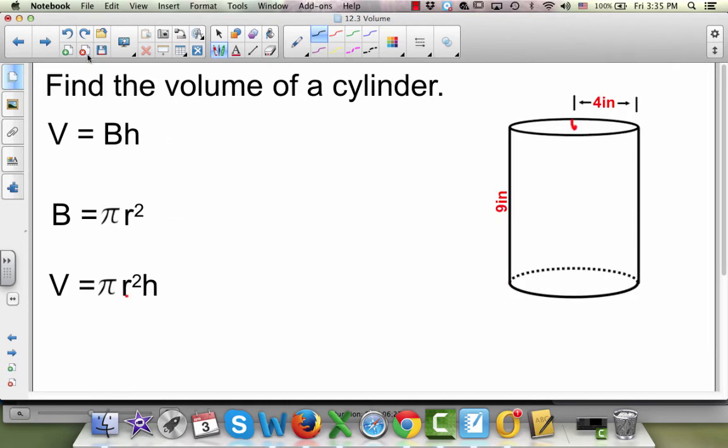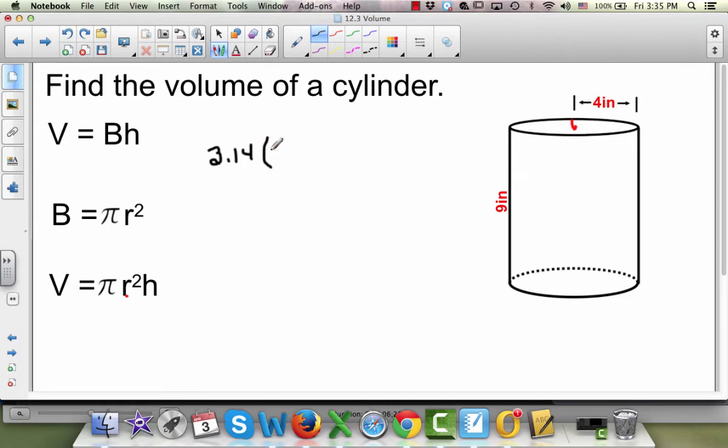Let's try one. Find the volume of this cylinder. Volume equals the base times the height. The way you find the base is pi r squared because it's a circle. So all we have to do is go pi r squared times the height. Pi is 3.14 times the radius squared.